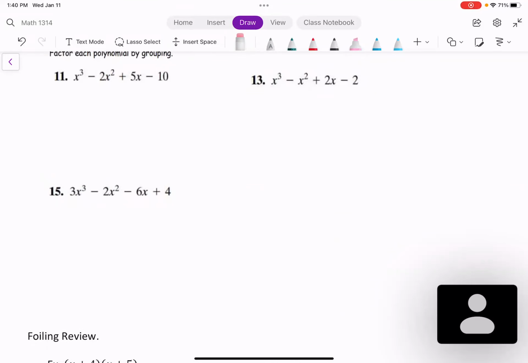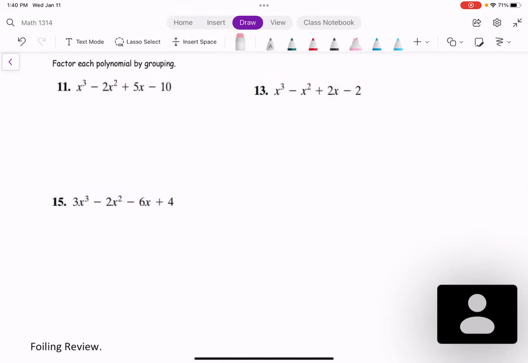Let's see the next one: x cubed minus 2x squared plus 5x minus 10. If you see 4 terms, we use grouping. That means we factor the GCF from the first two and the last two. From the first two, x cubed minus 2x squared, the GCF is x squared, the lowest power of the variable, and what's left in the parentheses is x minus 2.